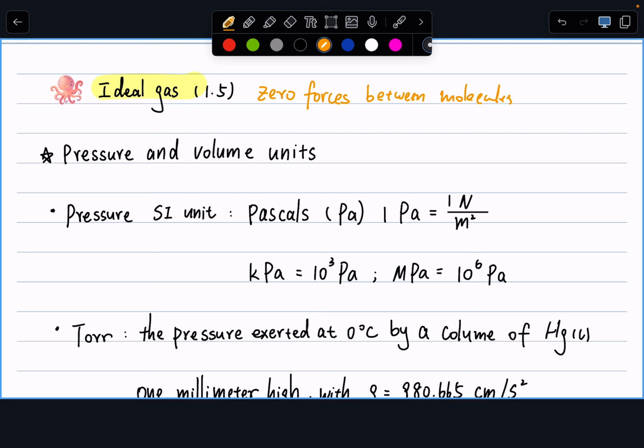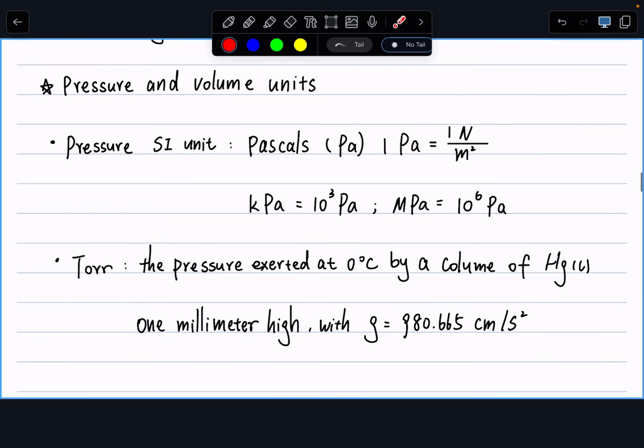And when we talk about ideal gases, we will be talking about different kinds of properties like pressure and volume. So let's talk about pressure and volume and also their units first. There are standard units, which are SI units.